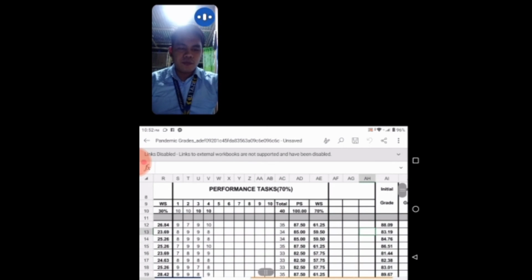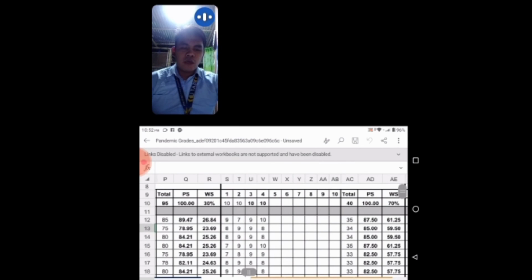The 34 divided by the highest score, which is 40, multiplied by 100, gives the percentage score of 85.00. Okay, we solve for his initial grade: 23.69 plus 59.50, he got 83.19 for the initial grade, and his quarterly grade is 89.